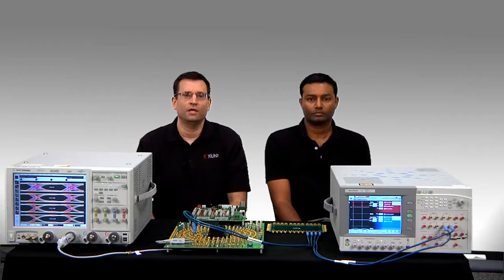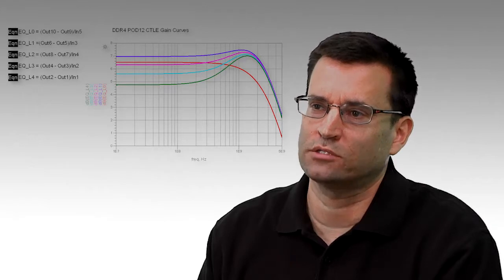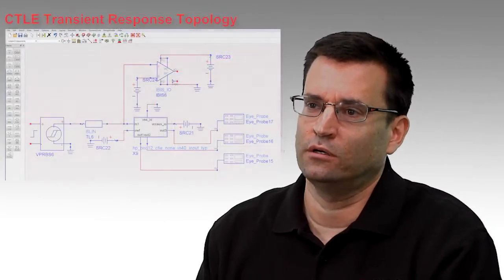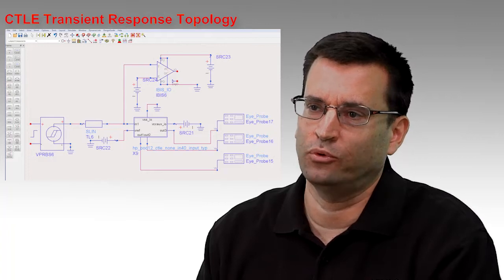Now let's walk through the process. What we have here is an Agilent Advanced Design System, or ADS workspace, with a few simple simulation schematics. The first one gives you the frequency response of the various CTLE gain settings. The second one allows you to generate a time domain response and plot an eye diagram at the CTLE output.